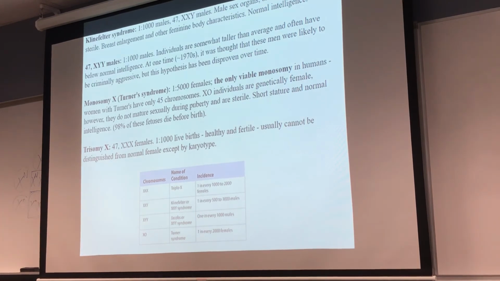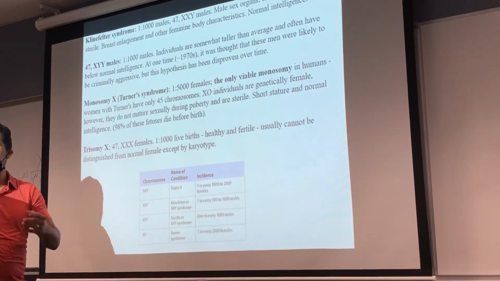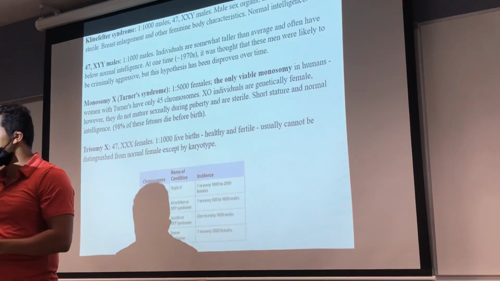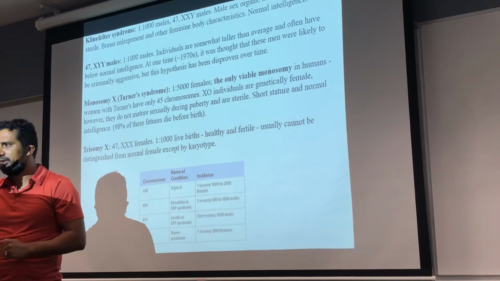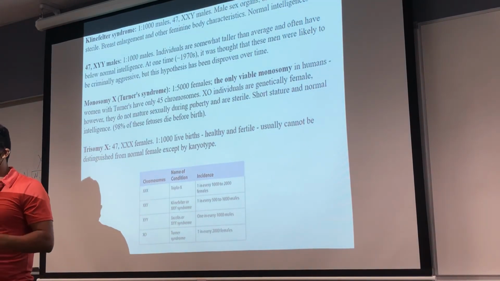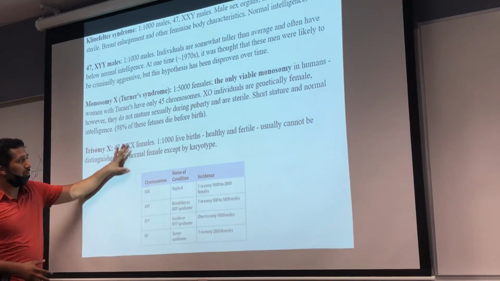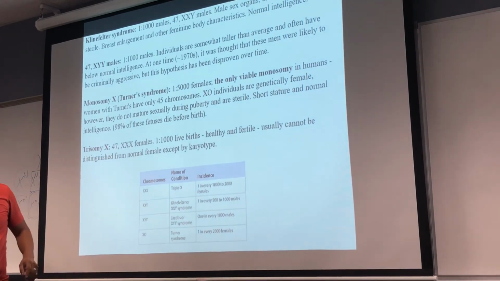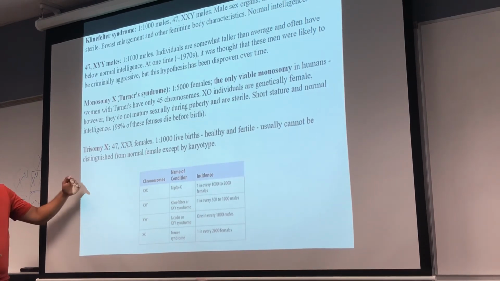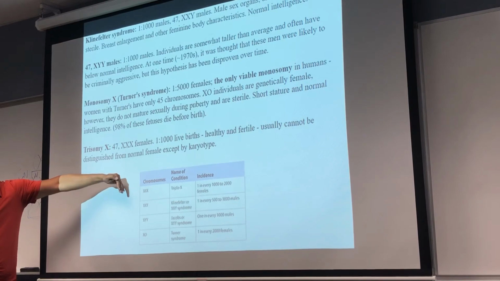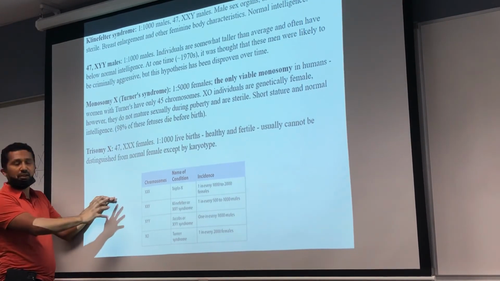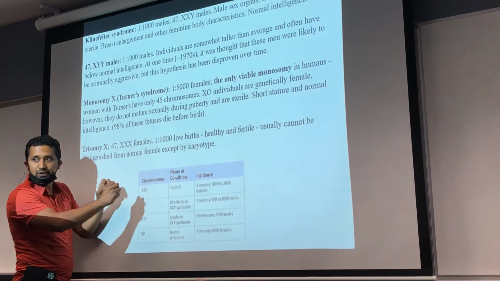This one is referring more to non-disjunction, the failure to separate those chromosomes, and how that affects the phenotype. Somebody asked us last time about Plan B, so how is this affecting, right? Here is failure to separate chromosomes. Plan B is dealing with another hormone. That will basically be a high-dose hormone, and what it's doing is preventing the fertilization of the sperm and the egg.